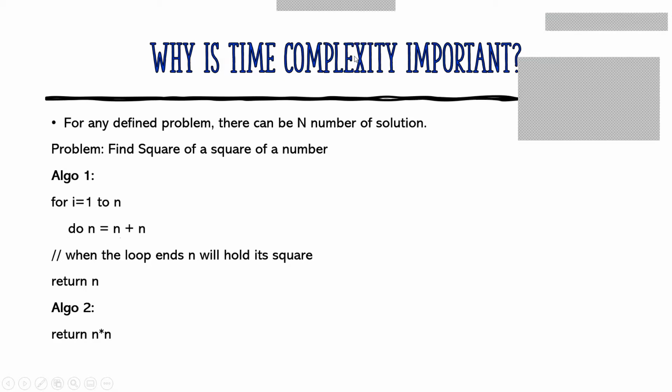About the small notations, we'll learn in the subject Design and Analysis of Algorithms next semester. During this semester, we will only concentrate on these three notations: big O for worst case, omega for best case, and theta for average case.